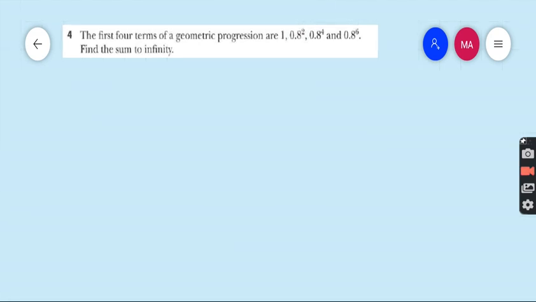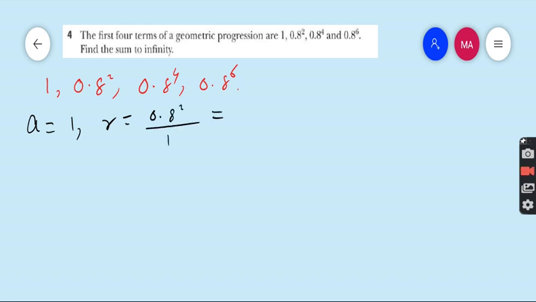The first four terms of a geometric progression are 1, 0.8 squared, 0.8 to the power 4, 0.8 to the power 6. Find the sum to infinity. Very easy. a is the first term, 1, r is 0.8 squared upon 1, that is 0.8 squared.